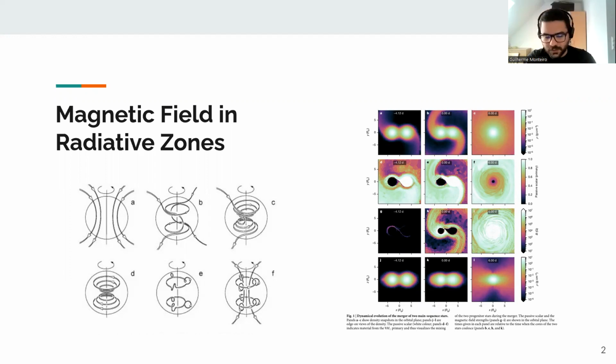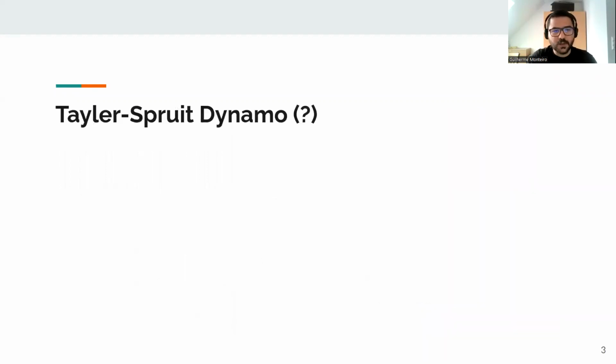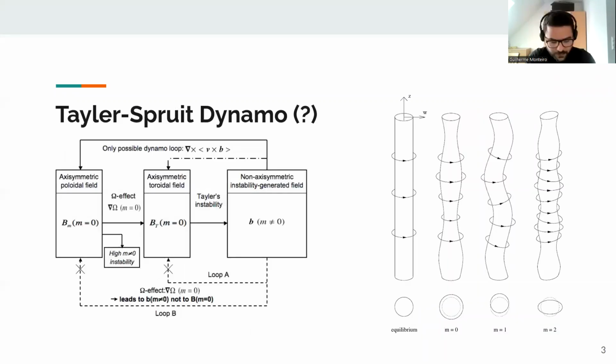And when they did this in simulation, they found that although the structure of the APBP stars in their simulations would be radiative, they would present differential rotation. And so it comes back with an idea that's been around for quite some time called Tayler-Spruit dynamo.